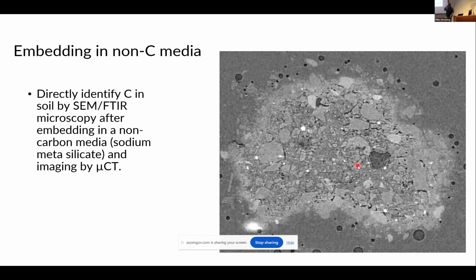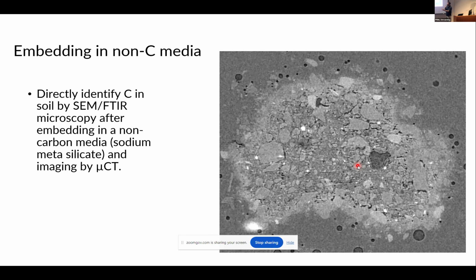We originally tried to embed aggregates in sodium metasilicate. We figured that this would be a non-carbon source to embed our aggregates and that we could then directly identify carbon compounds by FTIR microscopy, and we could directly identify carbon potentially by SEM EDX. This was a failure.